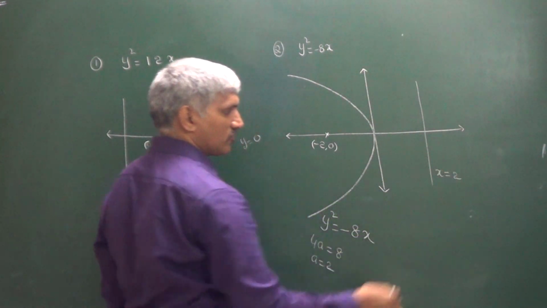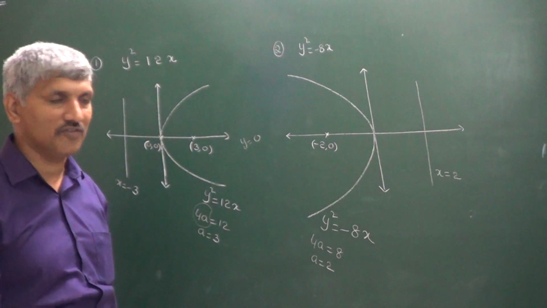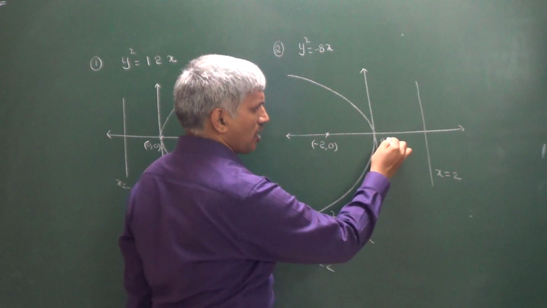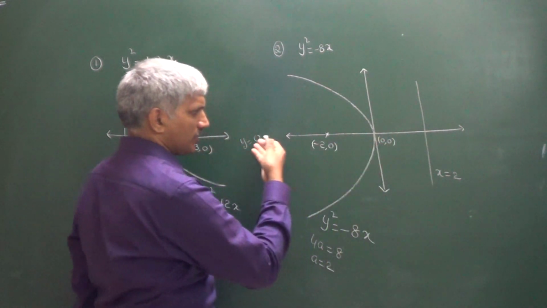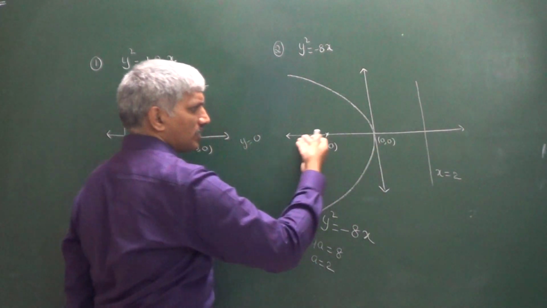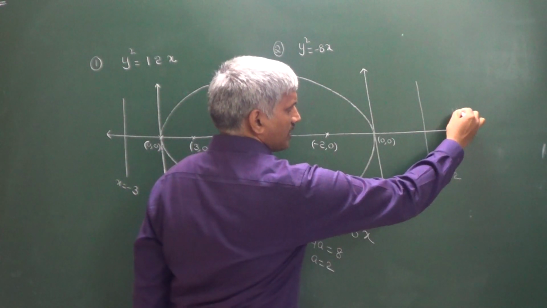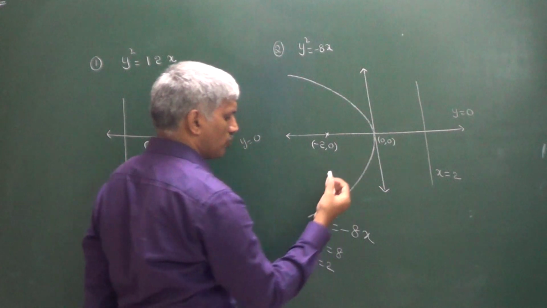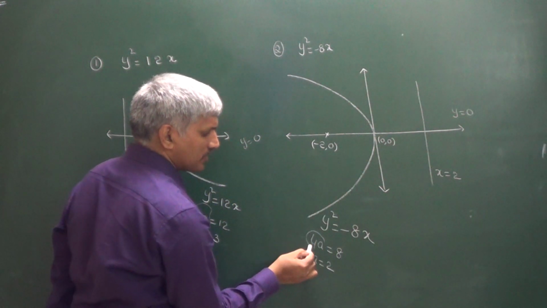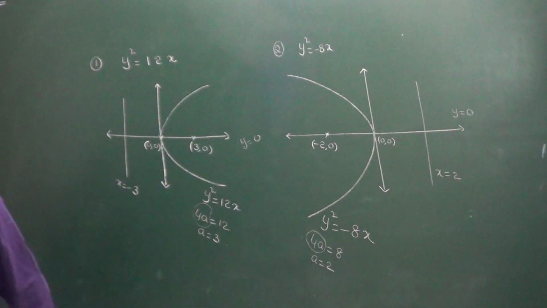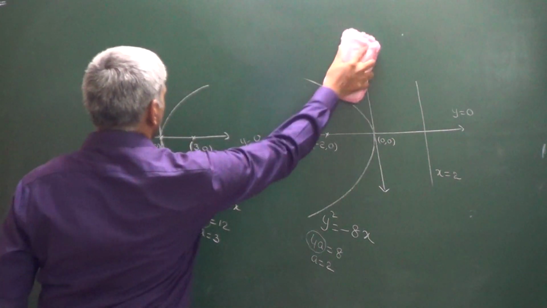That's why x is equal to 2 is the equation of the directrix. The vertex is 0 comma 0. The axis is the x-axis, whose equation is y is equal to 0. The length of the latus rectum is 4a, that is equal to 8. So these are very simple ideas.